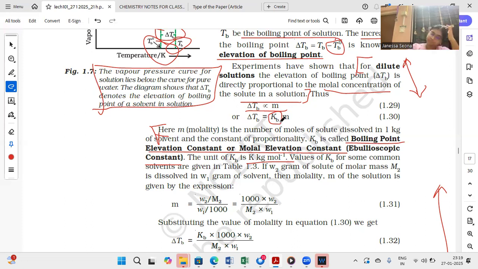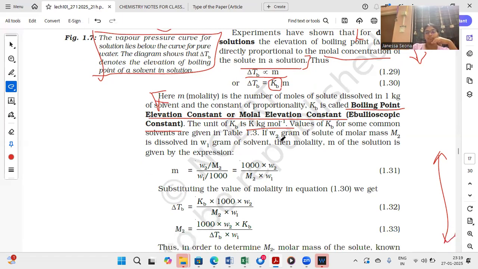This is what is called the molal elevation constant, and it is a constant. It should contain temperature and concentration, delta TB divided by M. So the unit is Kelvin kilogram per mole.